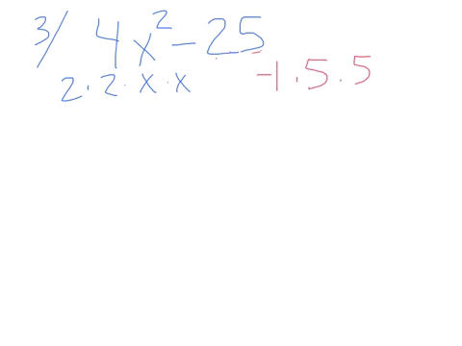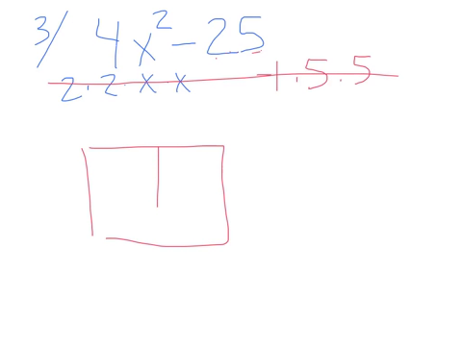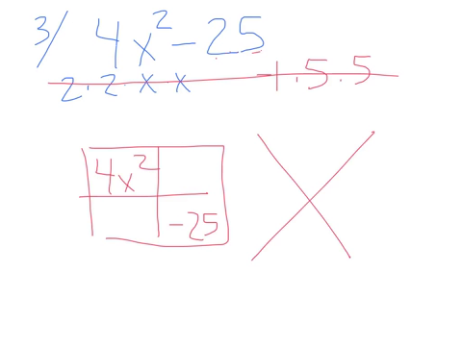No common factor, so take it out. Generic rectangle. 4x squared minus 25. So what do I have? Minus 100x squared. In the bottom it should be 0 because there's no middle term with an x.